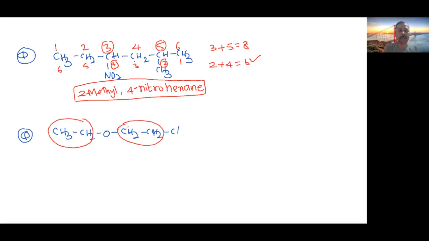It is better to select this chain as the main chain rather than this one, because if I select this as the main chain, only one substituent. If I select the other, either side you are finding a substituent. Numbering will be done as both are prefixes only.